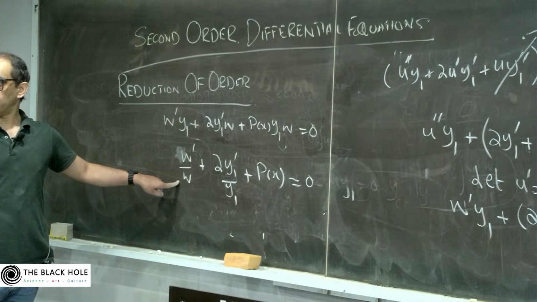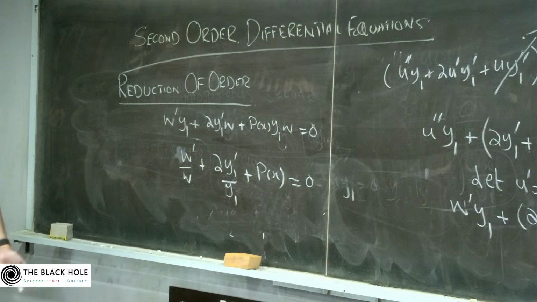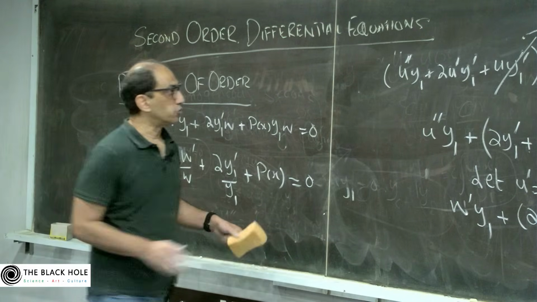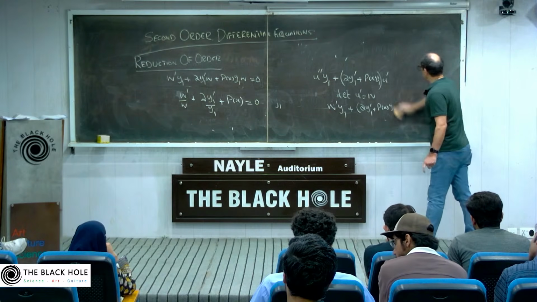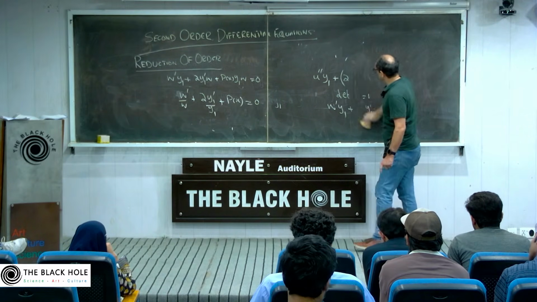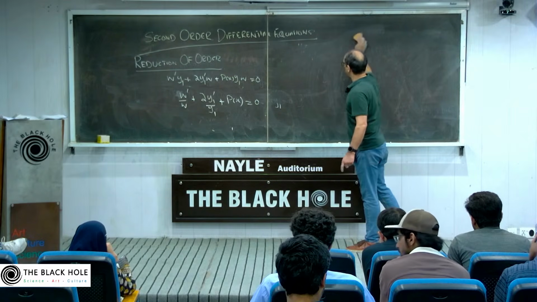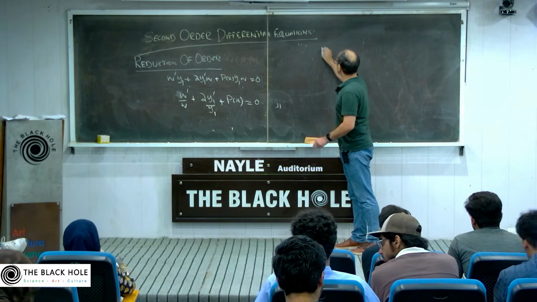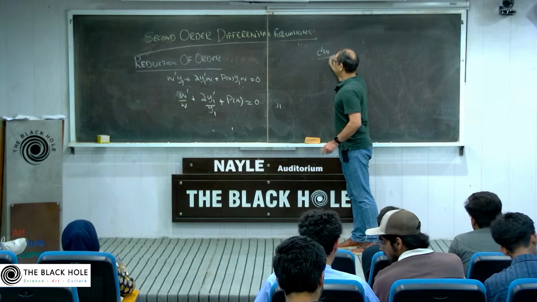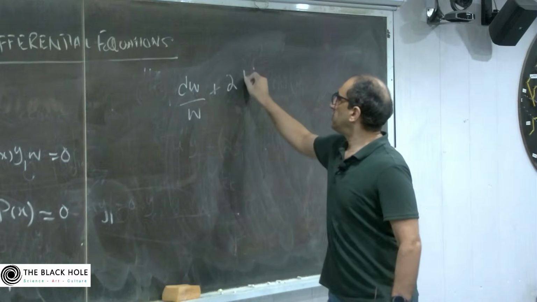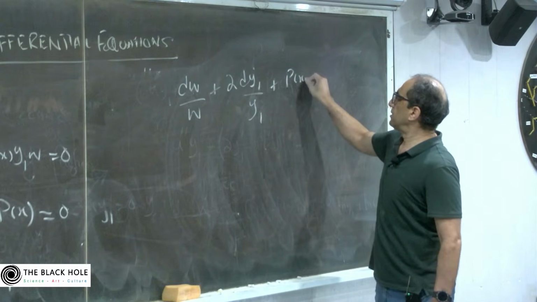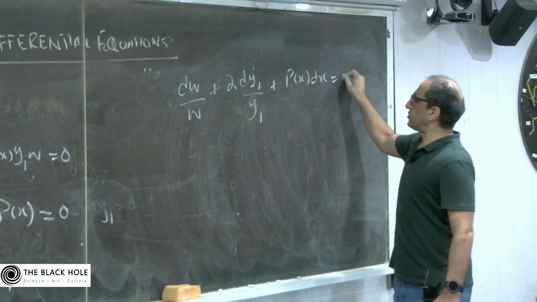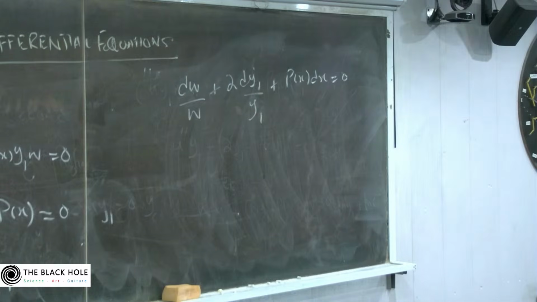What I want is a dw over w, because that will make it log of w. So what I am going to do now is multiply throughout by dx, and that will give me dw over w plus 2 dy1 by y1 plus p of x dx is equal to 0. Now it's perfect.